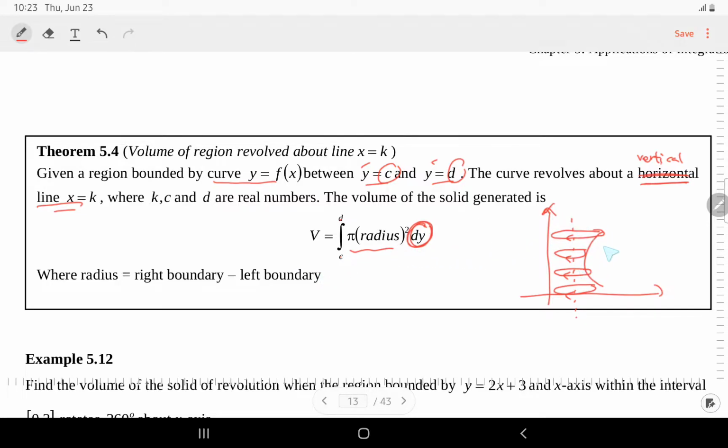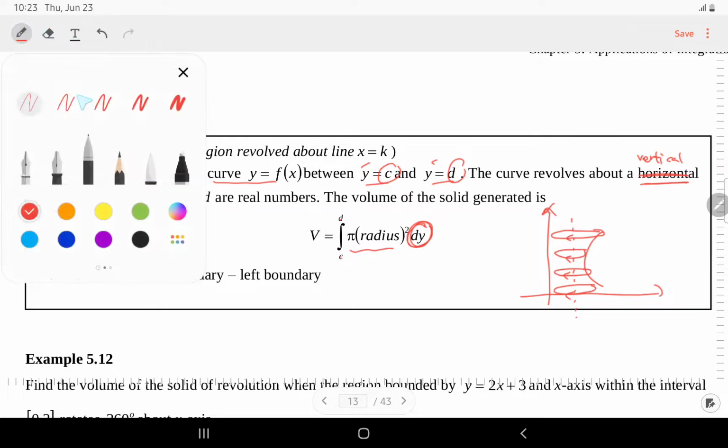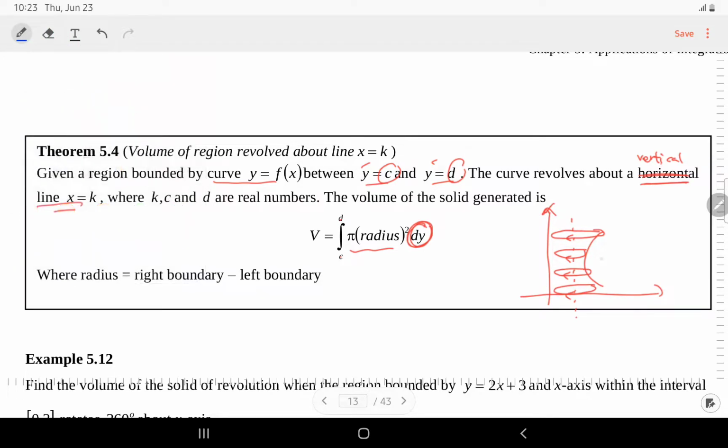Okay, so kalau dalam case ni function belah kanan yang ni, okay, boundary yang belah kanan yang ni, boundary belah kiri dia adalah vertical line tu. So radius is function belah kanan tolak function belah kiri, and then square kan dia dy. Okay, so itulah dua formula yang ada dalam disk method.